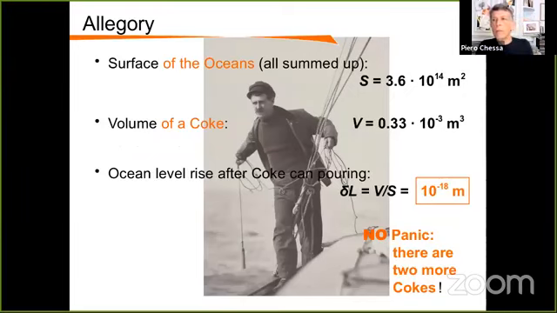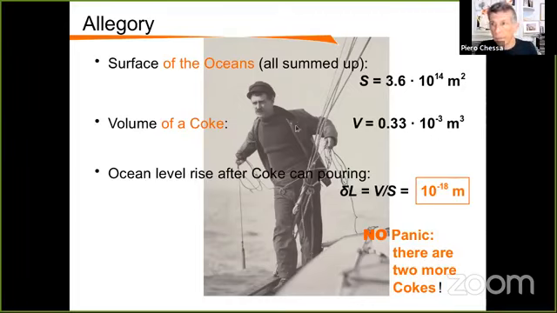I want to be even more dramatic, and I give you one more allegory. Think of the surface of the oceans, all summed up. The area is this figure I wrote here on top right. Then you think you are in a boat on the ocean with a can of Coke, and here is the volume of a can of Coke.